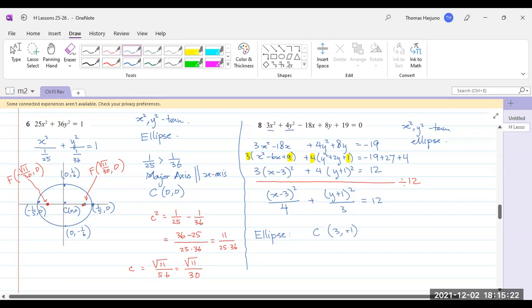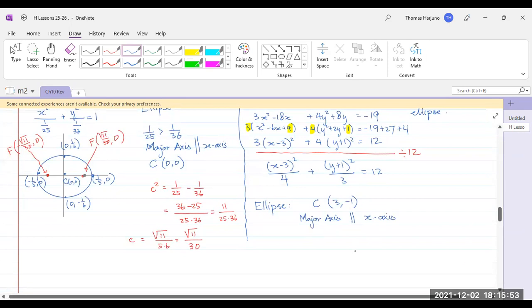Now, because 4, the denominator of the x part, is greater than 3, the denominator of the y part, this ellipse's major axis is parallel to the x-axis. Okay. So let's say the center is (3, -1).